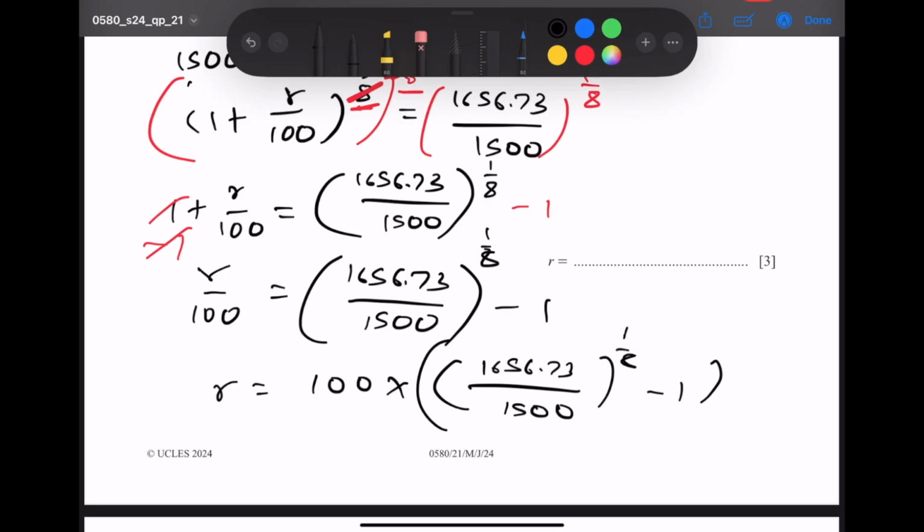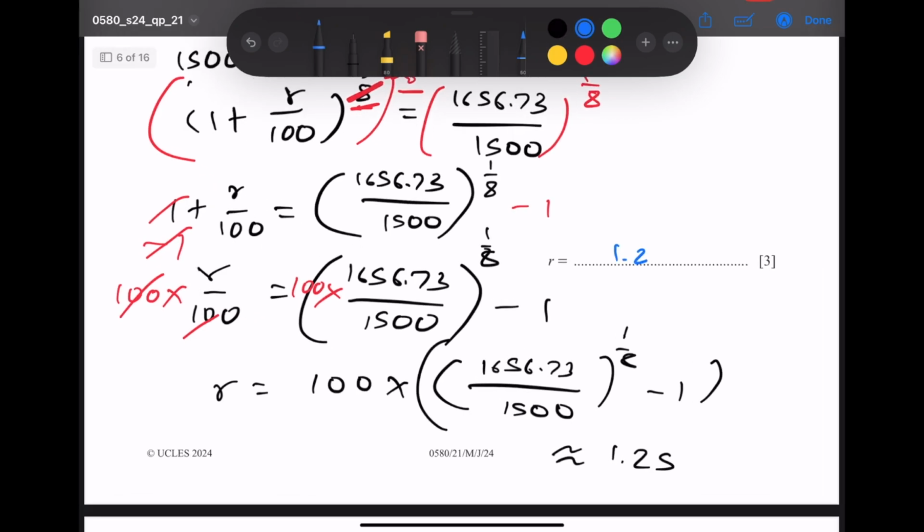Since if you multiply both sides by 100, this removes 100 from the left hand side as a denominator. So r is equal to 100 times 1656.73 divided by 1,500, this to the power of 1 over 8 minus 1. So r's rounded value is 1.25.